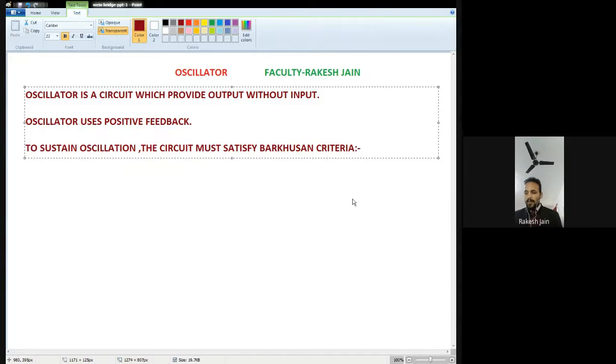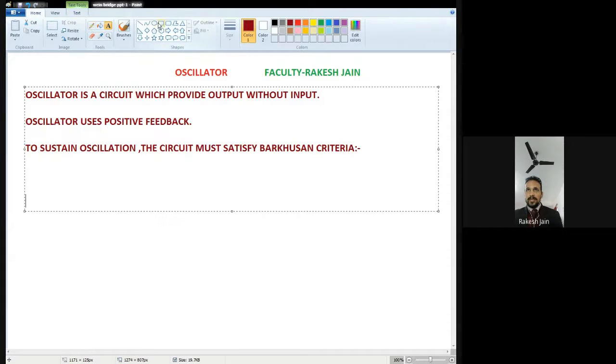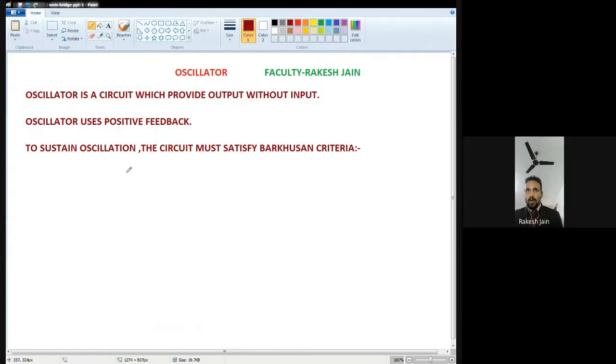Now, what is the meaning of the Barkhausen criterion? Let's suppose, to understand the oscillator, this is a block which has the forward amplification gain A. This is the input to the circuit, and this is the output.